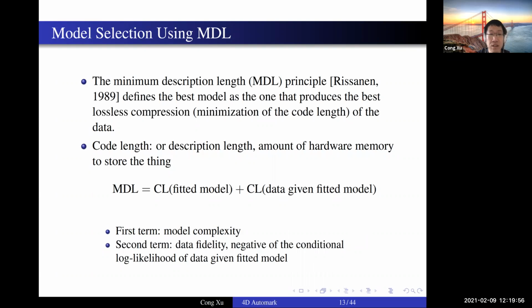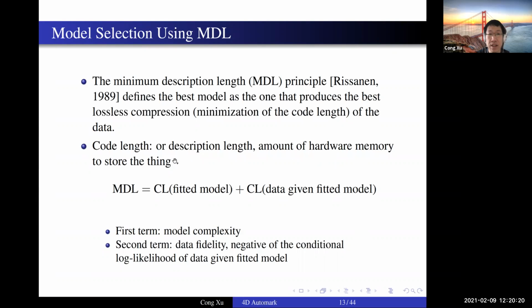So here, we use code length to denote the result of the compression, which means we want the code length to be as small as possible. The code length can be viewed as the amount of hardware memories to store these things.